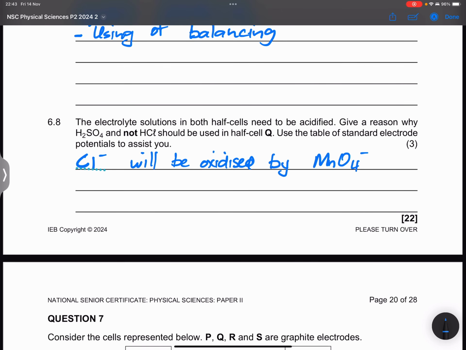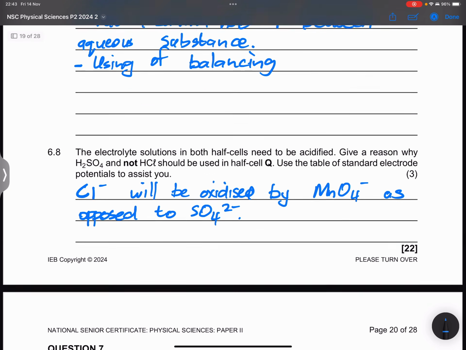Right, and when you look at, as opposed to, right, so if you use chloride, hydrochloric acid, or hydrogen chloride, in that case, okay, let's see, it will be oxidized by permanganate ion, right? Whereas sulfate ions will not be oxidized.